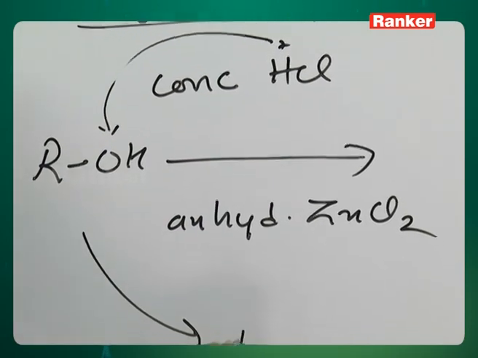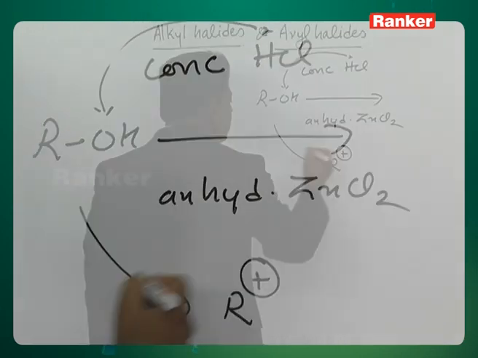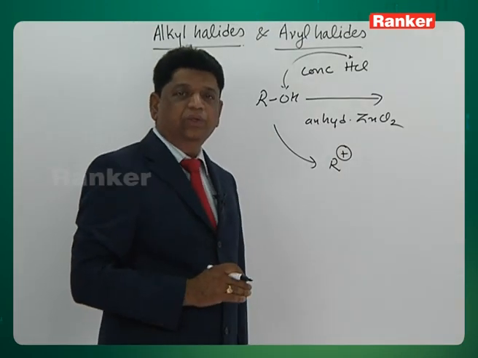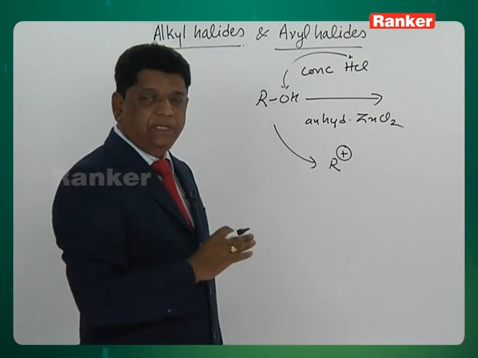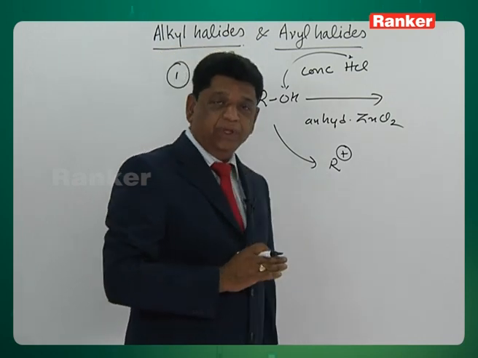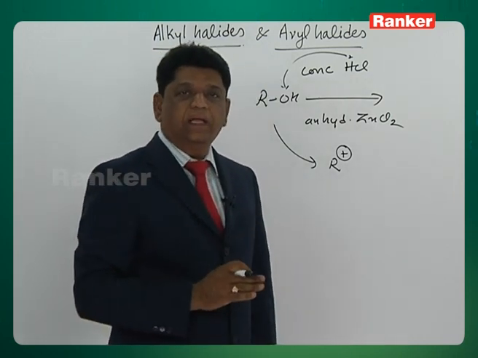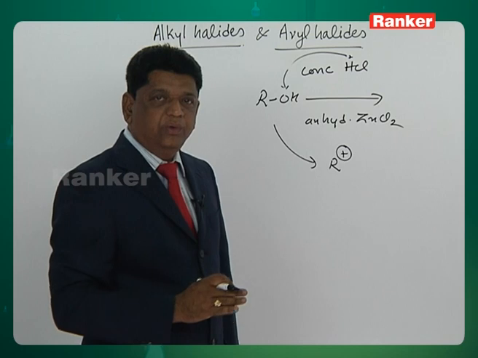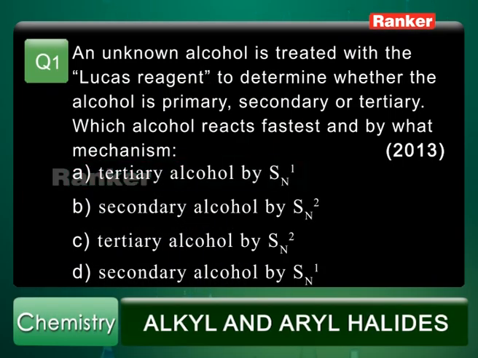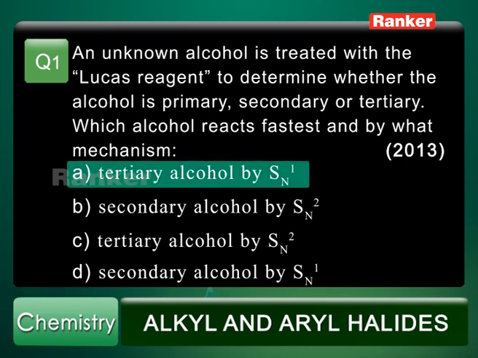So, what comes is a carbocation. The more stable the carbocation, the faster the reaction. Therefore, out of the three different types of alcohol, tertiary is the faster reaction, and that too through a carbocation, which is an SN1 reaction. So, the answer is tertiary alcohol by SN1. Option A is the right answer.